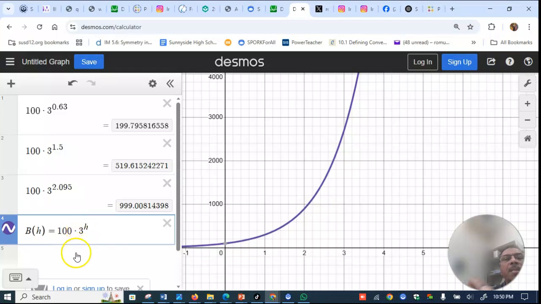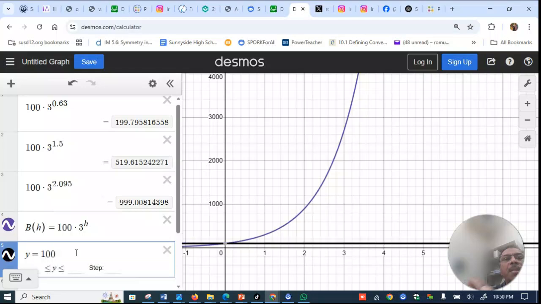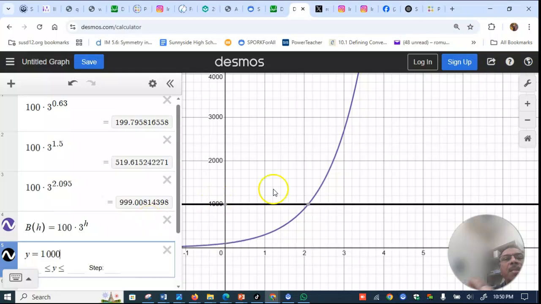And you can see, I want to know when this is going to be 1000. So I put y equals 1000. Okay, you can see and click on it and you get that 2.09 that we were talking about exactly.